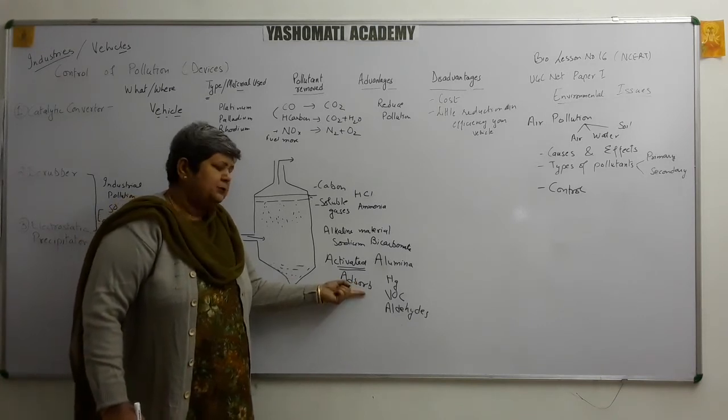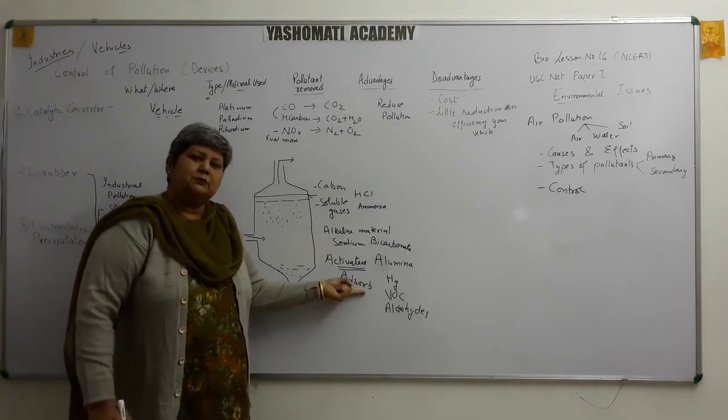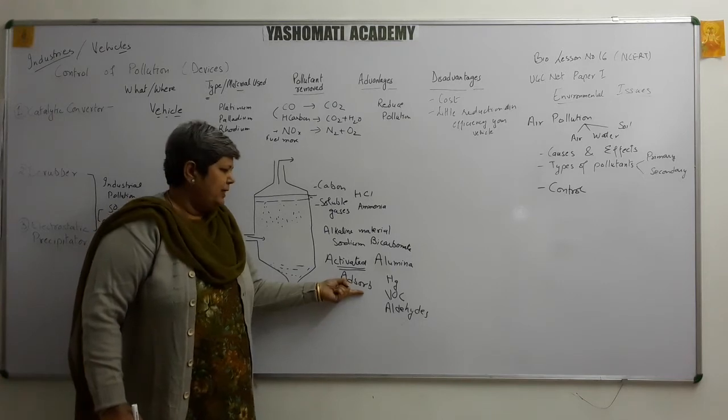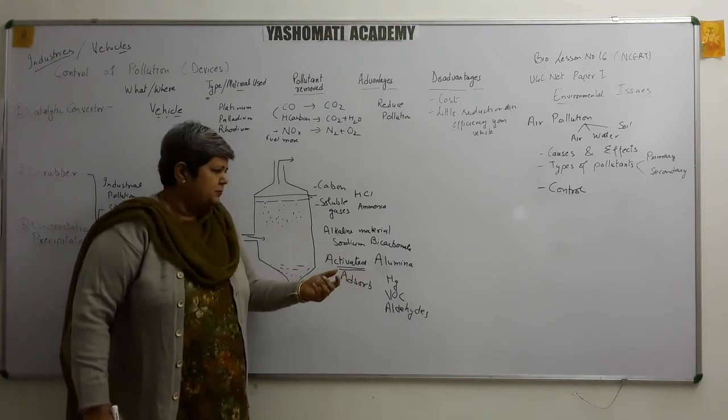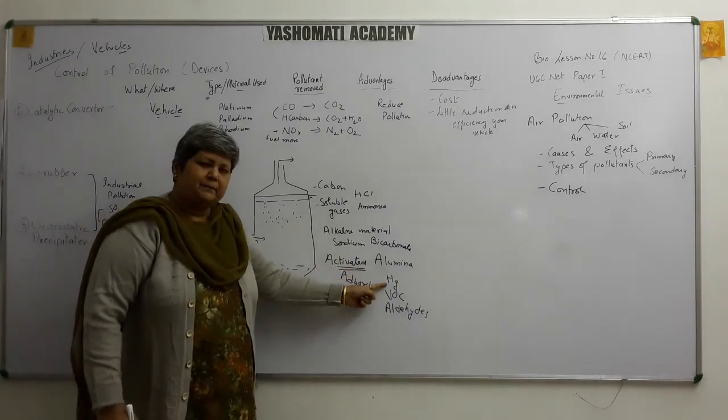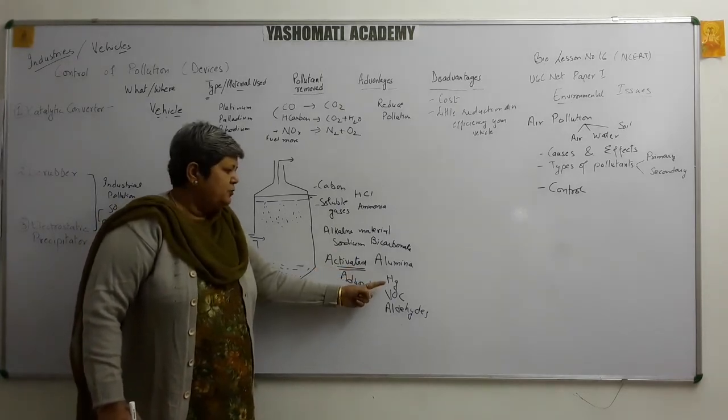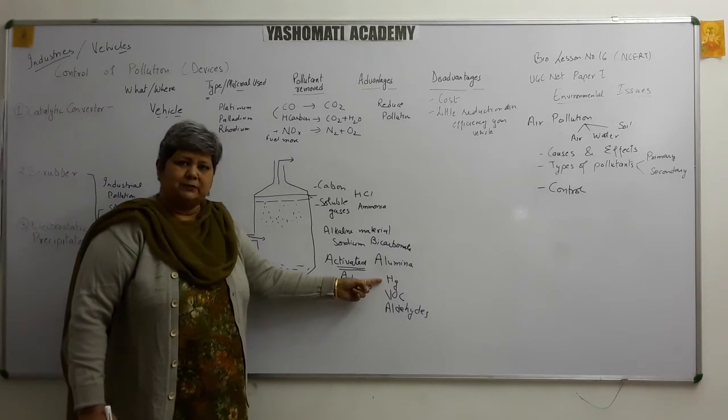So what is absorption? Absorption is absorption on the surface. So you can very conveniently get that material back also. For example, in case of mercury, right, if it is absorbed, you know that mercury is a very poisonous substance.